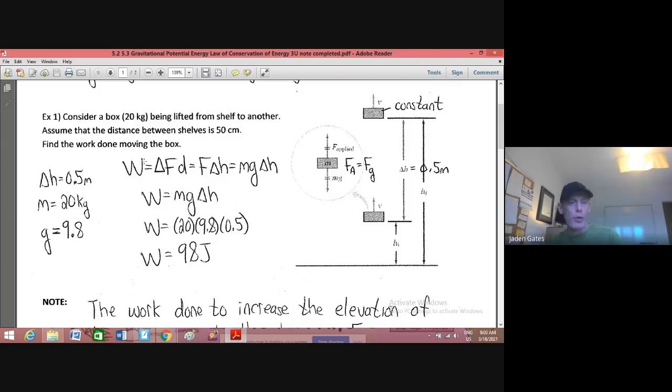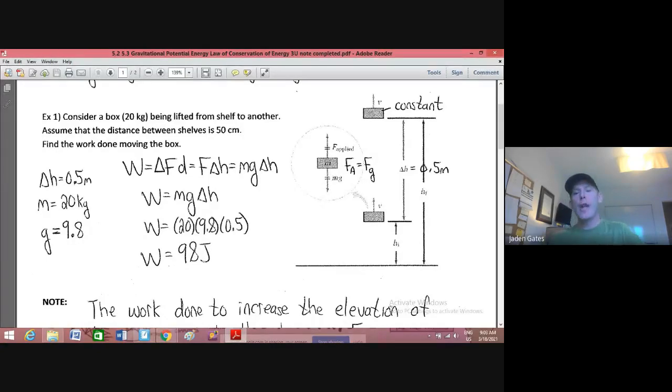Our formula for work is force times distance. If we're moving at a constant velocity, as I have labeled here, there is always a force down, the force of gravity acting on the object.